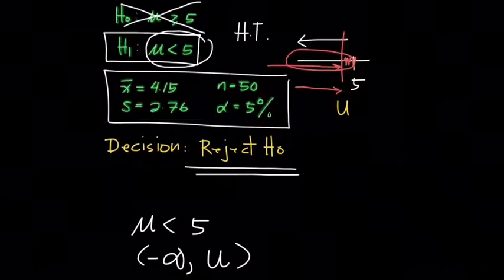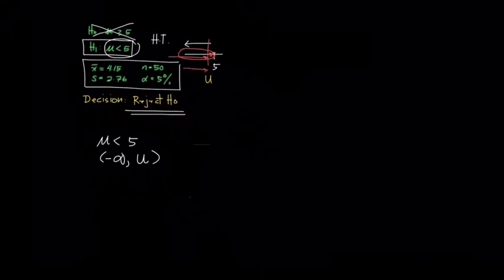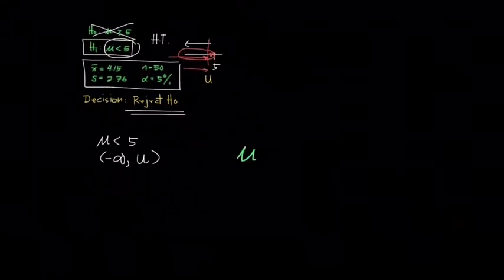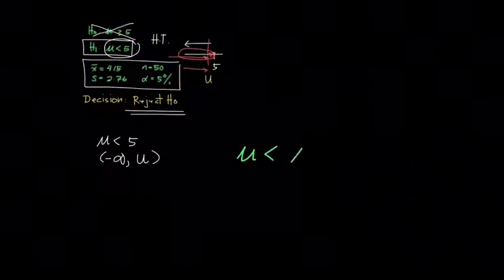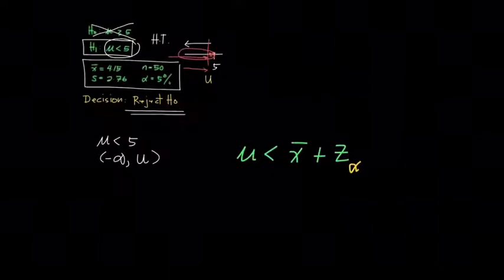Now to get the upper limit, we will use a very similar formula, and that is the mu must be less than the sample mean plus the z of alpha. Now this is where the big difference lies in comparison with the two-sided confidence interval.